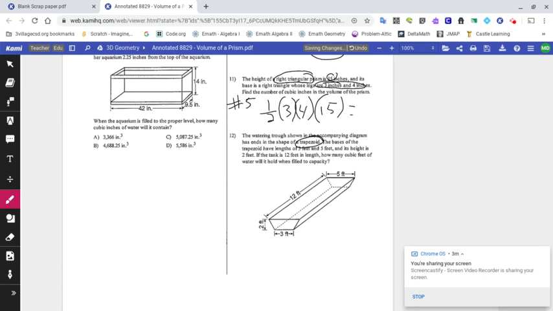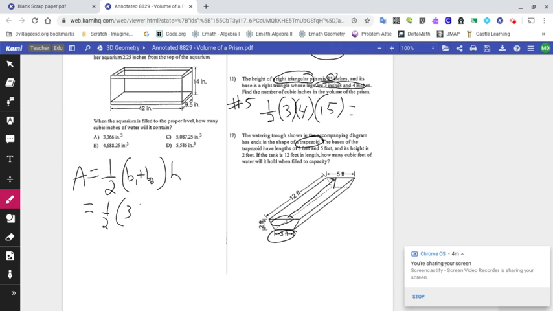So refresh your memory about the area of a trapezoid. The area of a trapezoid is 1/2. It looks kind of like the triangle formula, but it's 1/2 the sum of the bases times the height of the trapezoid. So in this case, the two bases are here. This one is 3, and then this one is given down here. That's 5.